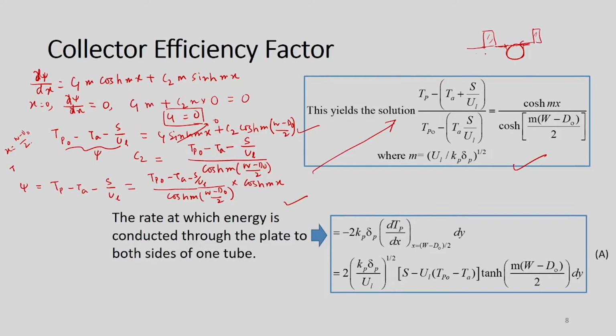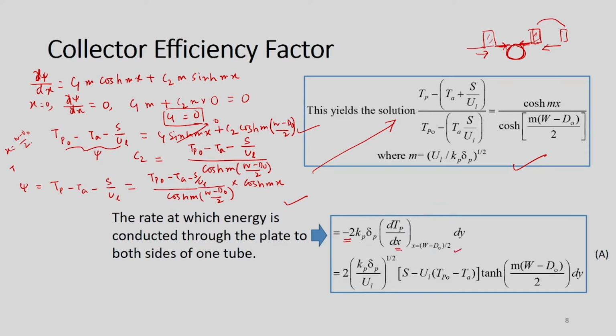We are considering heat is coming from this side, also we need to consider heat will come from this side, because it is a nearing tube, okay. So, one more tube will be here, so temperature profile will be here. So, heat will be conducted from both the side to this tube. So, that is why we need to multiply this expression by 2 Kp δP dTp/dx at x is equal to W minus D naught divided by 2, right.